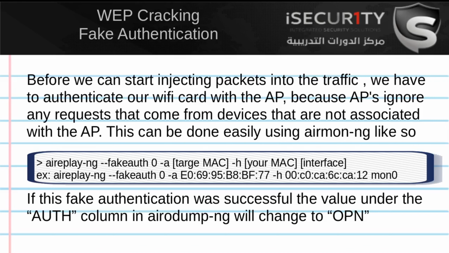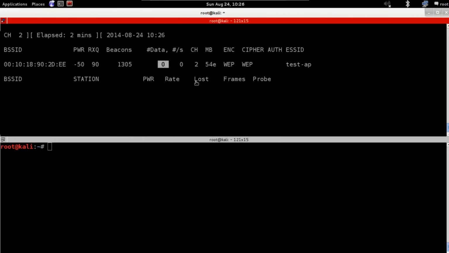We're going to use a method called fake authentication. It's very simple. We're going to have to do it every time before we try to inject. I'm going to explain it now, and then in the future we're just going to run the command straight away. So I have airodump already running now. Let's see how we can fake authenticate ourselves.